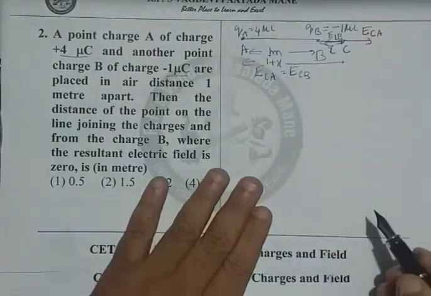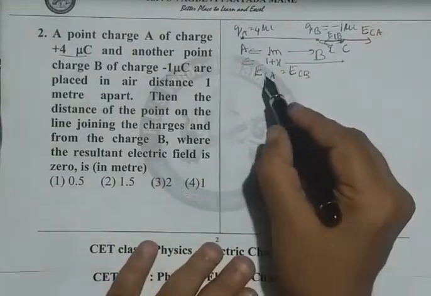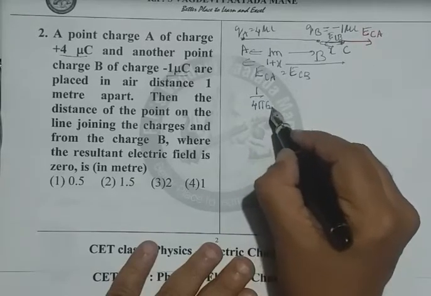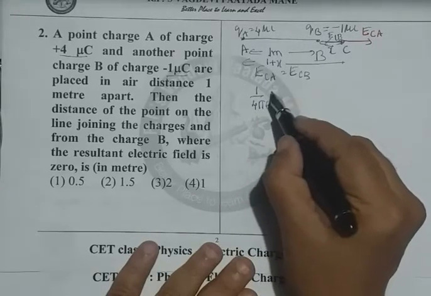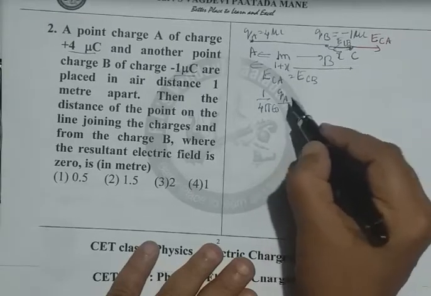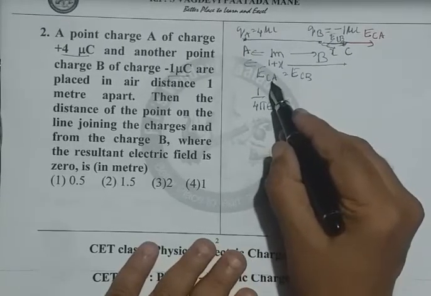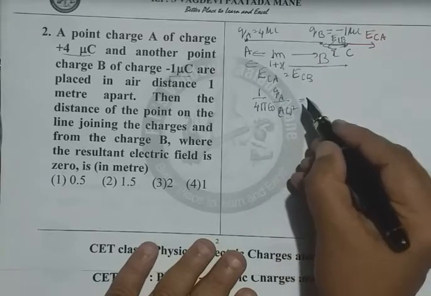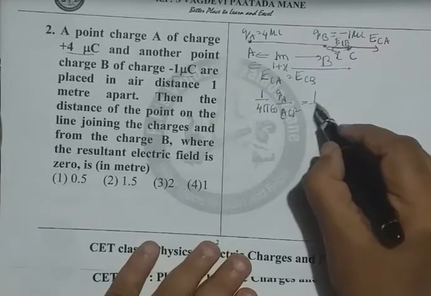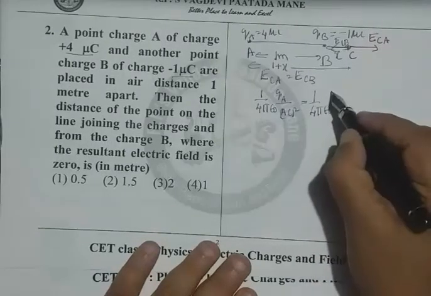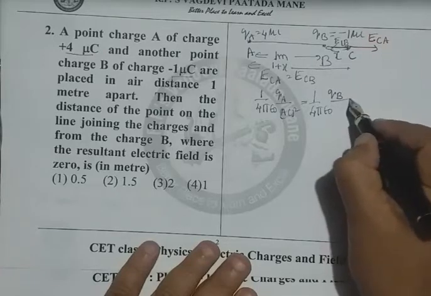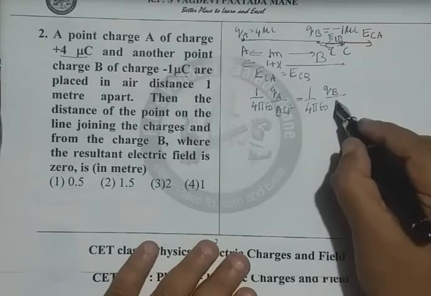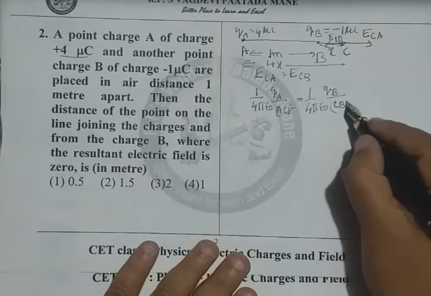Now, we write the expression for field intensity: 1 by 4 pi epsilon naught, charge at A, divided by the distance, as it is CA, I must write AC square, is equal to ECB, 1 by 4 pi epsilon naught, charge at B, divided by the distance, as it is CB, CB square I have to write.